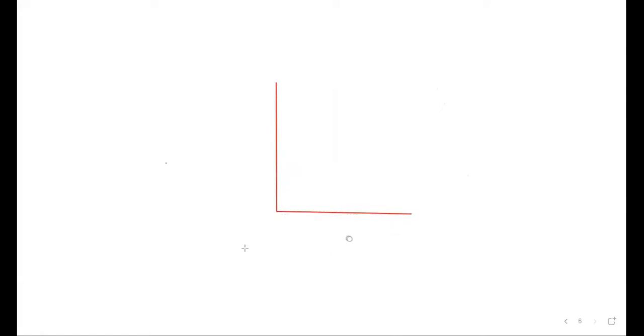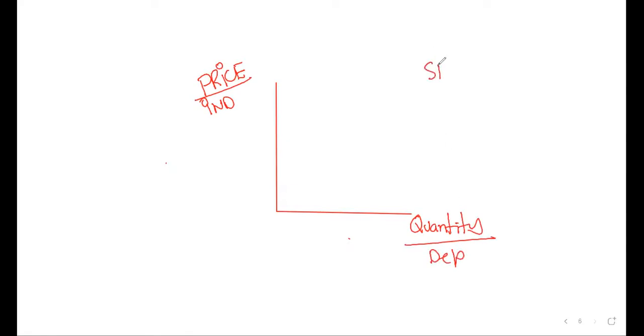Okay, now we're going to do an economics convention. So in the economics convention, we know price is over here. We also know this is the independent variable. In the economics convention, quantity will be over here, and we know this is the dependent variable. So what is our slope? Del y by del x or del x by del y?